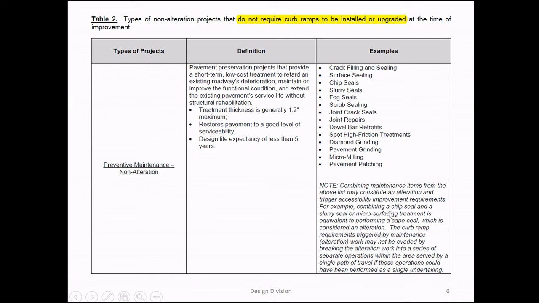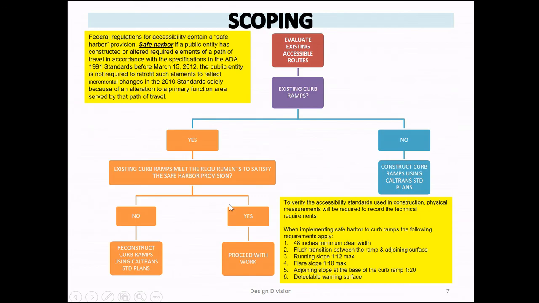And there's an example here. If you combine a chip seal and a slurry seal, then it will trigger curb ramp reconstruction. So that's a little bit of background on where we are now on curb ramp reconstruction.